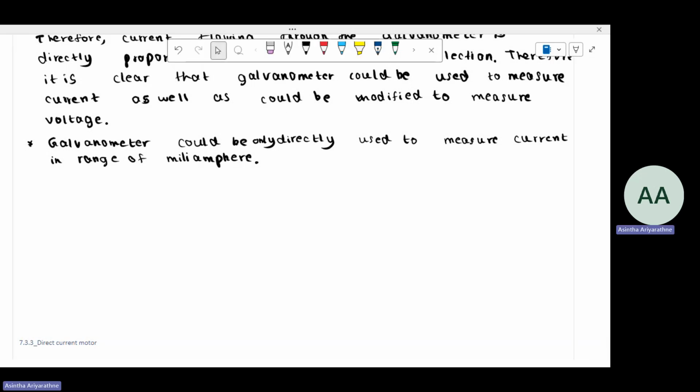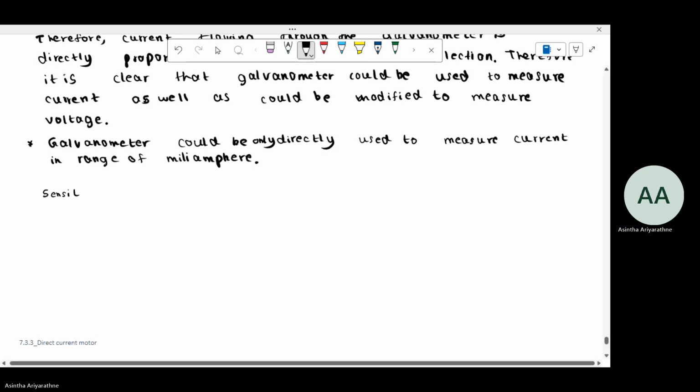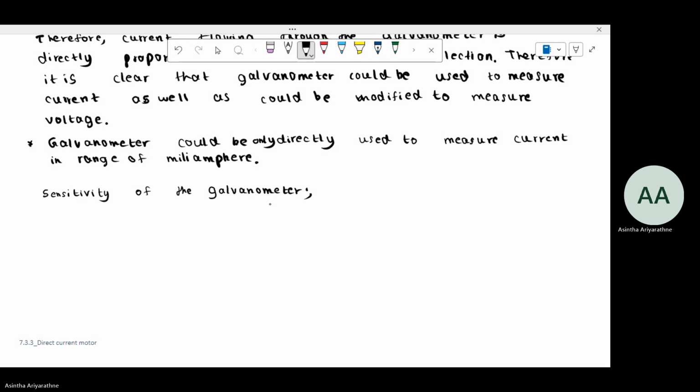Right. Next one is the sensitivity of the galvanometer.